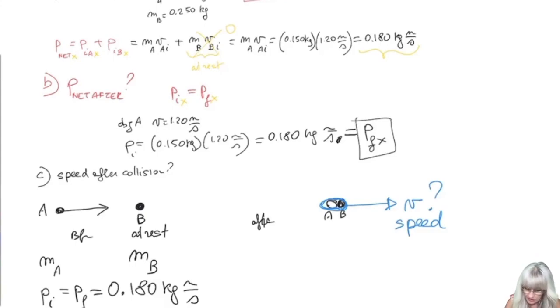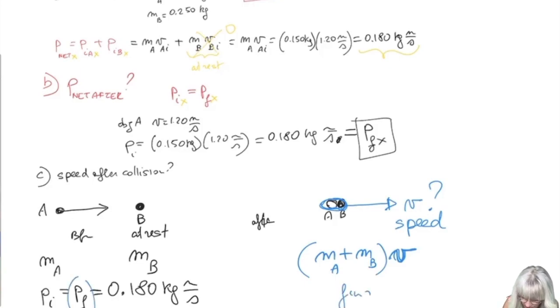Here, in this situation, you have one object that has a mass A, then I have to add the mass B. So this is going to be a combined mass, but the one I want to find is V. So these two values have to be equal, right? P initial has to be equal to the final.